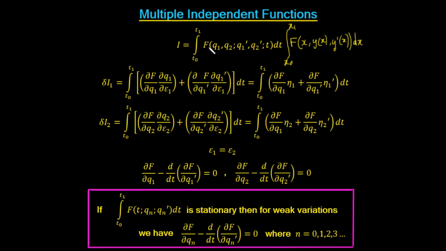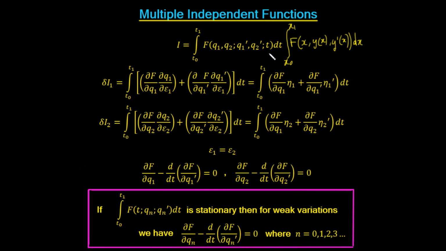The reason why we use the value q is that, again, in mechanics, the value q tends to be used for generalised coordinates. So this is our first of our three generalisations. We have one independent variable, but we've got multiple independent functions.